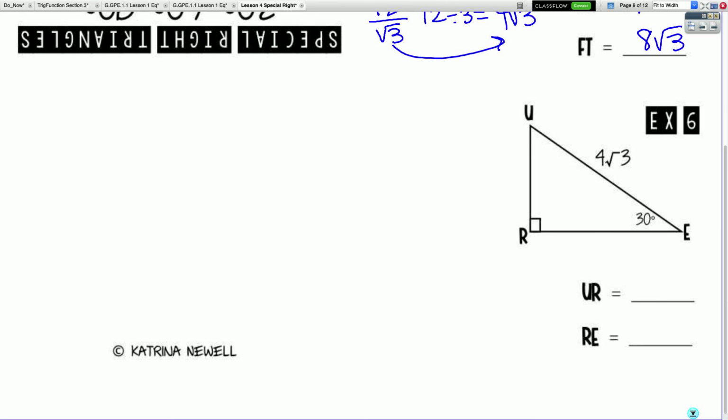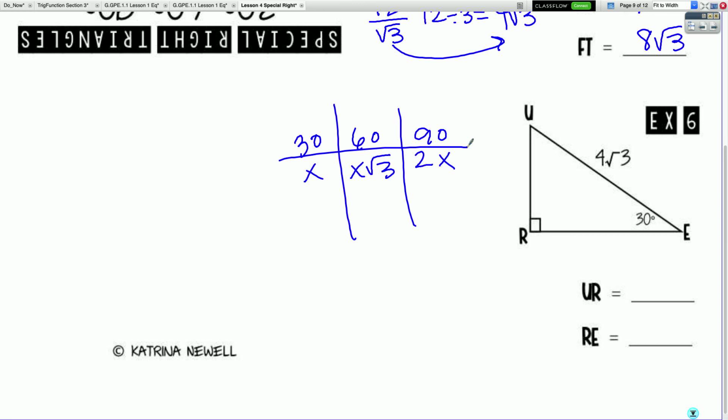Okay. Last one. Did you guys already do this one? Did you already do this one? Yes. No. I'm gonna give you a second to try this one. But maybe I'll also try it with you.